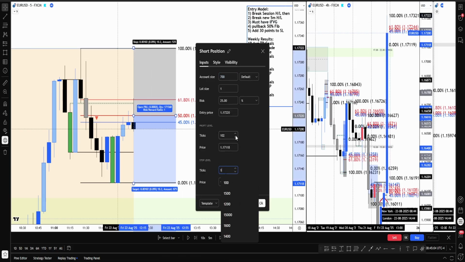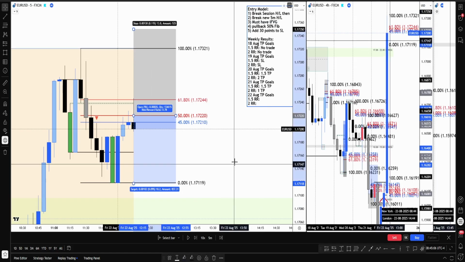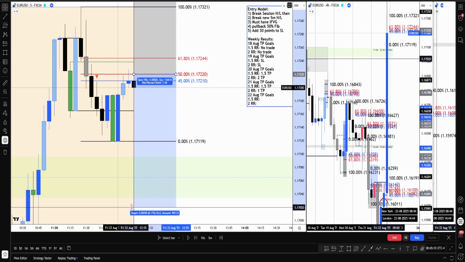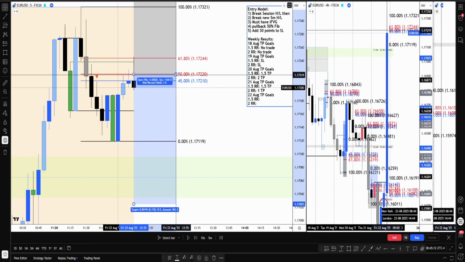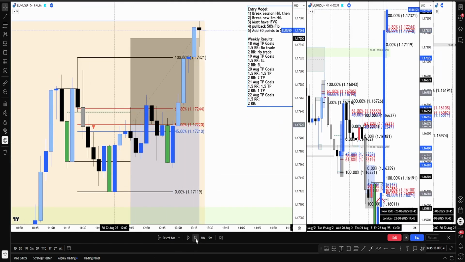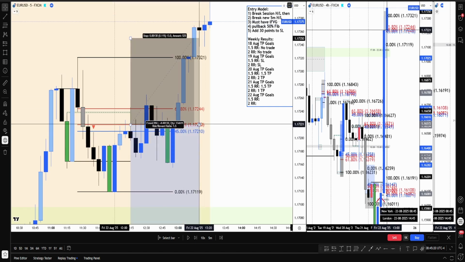Let's make it 130. It's fine. Alright. 1.5. There we have our trade. Beautiful. And now we wait. We get a small reaction. Very small reaction. And then price took us out.